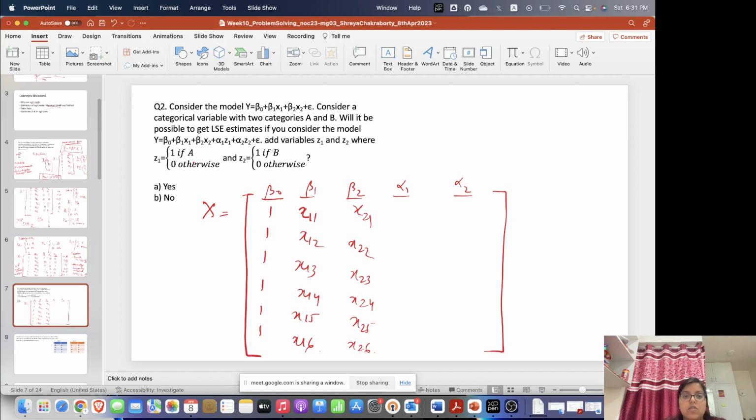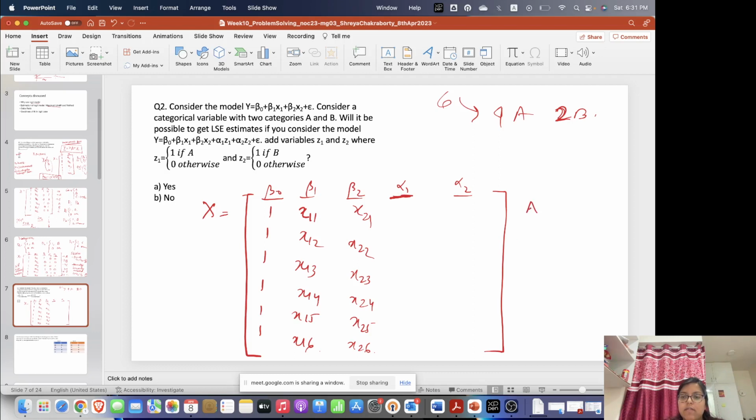Okay, so z1 is A. So let us consider that we have 4 A's and 2 B's. Out of these 6 individuals, 4 are in A category, 2 are in B category. So alpha 1 would be 1 wherever we have A's.